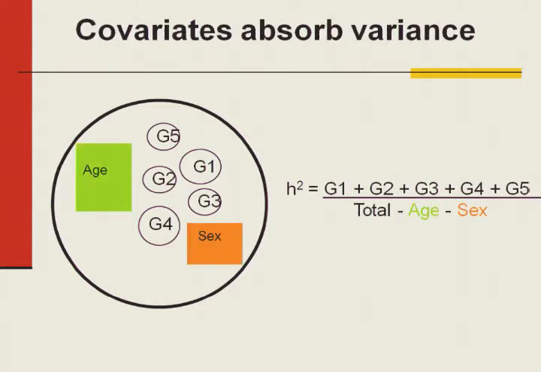Covariates can effectively absorb some of that total variance so that we are no longer worrying about explaining it. We can put it in the explained column and have it accounted for, essentially. We can magnify our apparent genetic signal by accounting for some of those non-genetic effects, non-genetic variance, and taking that out of our equation. So now G1 is a larger portion of the revised total after we've dealt with age and sex.